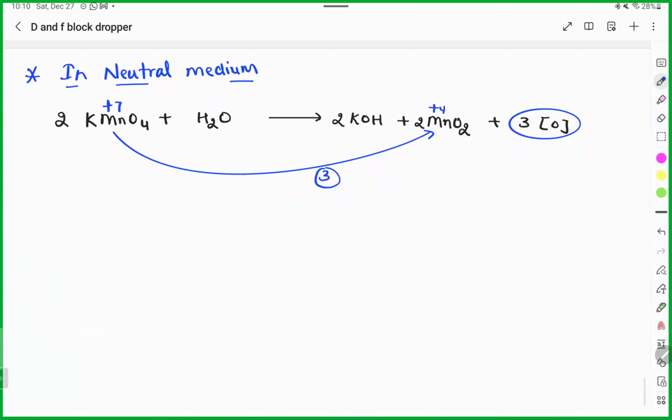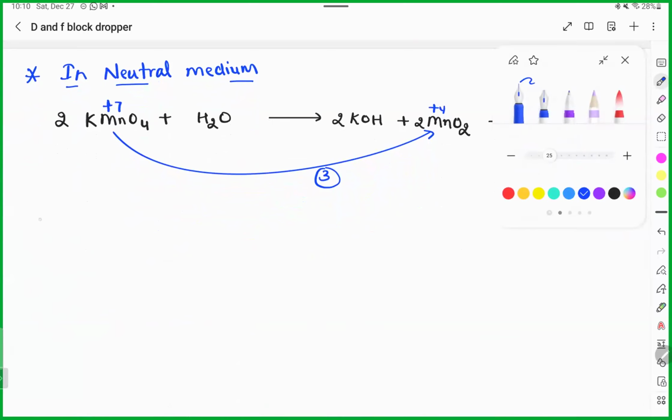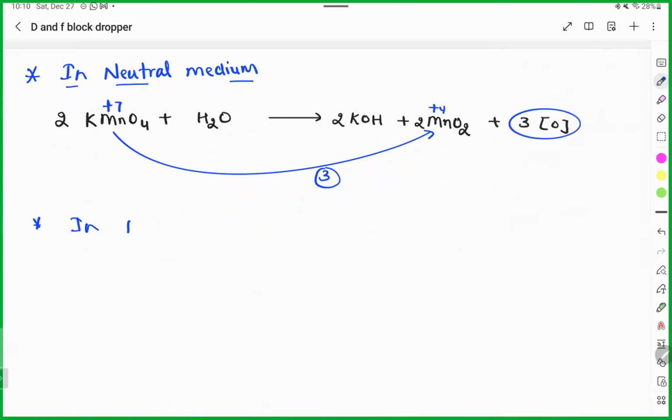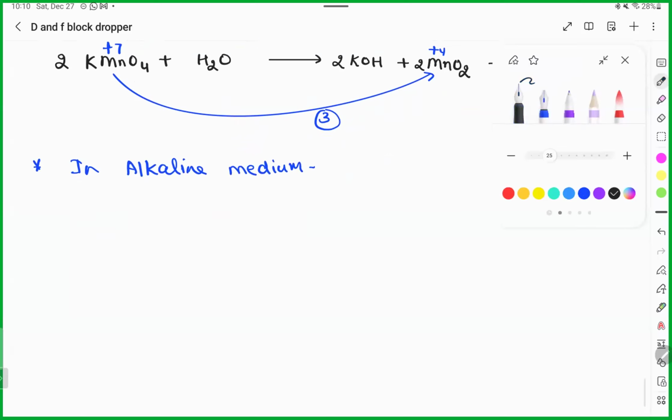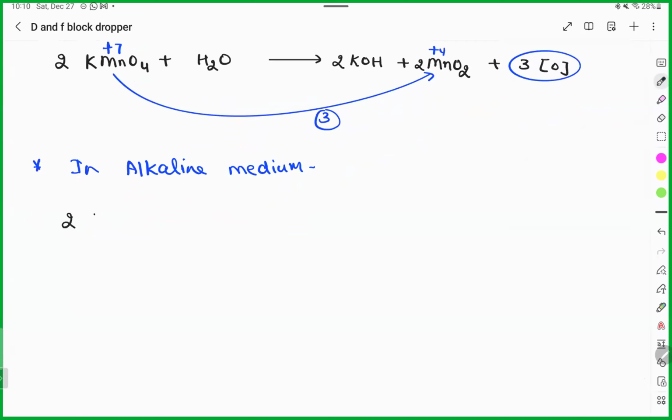If KMnO4 reacts in alkaline medium, that is basic medium, that's why KOH. So this will convert into K2MnO4.